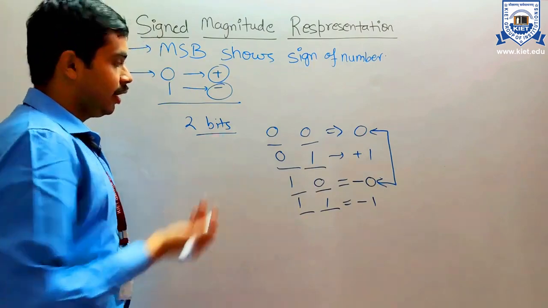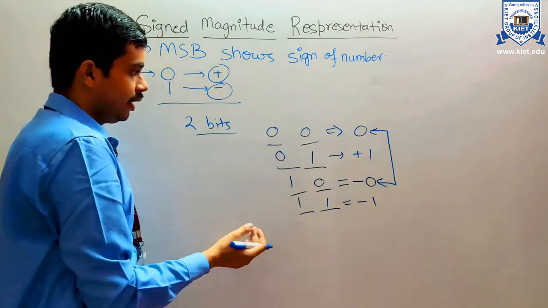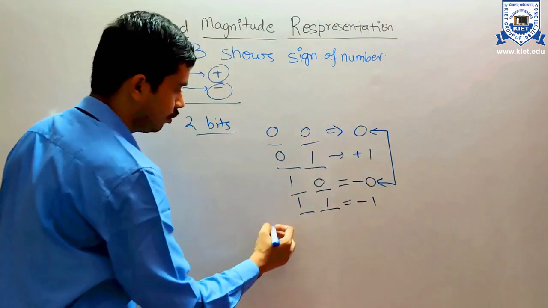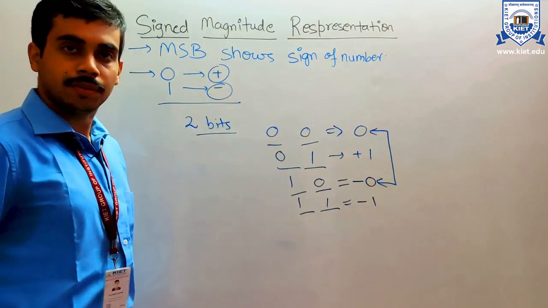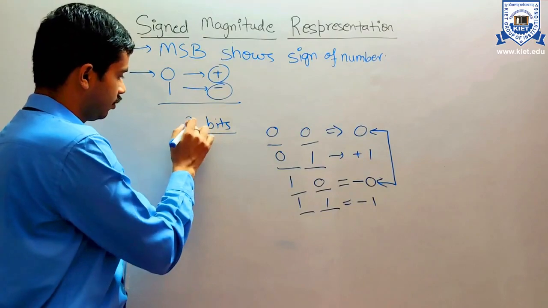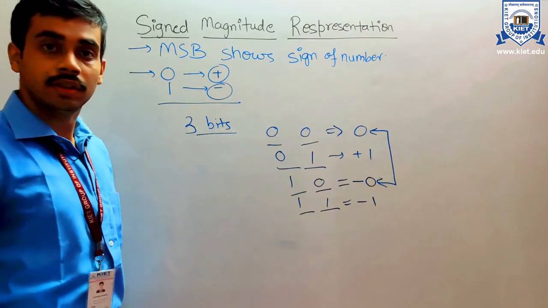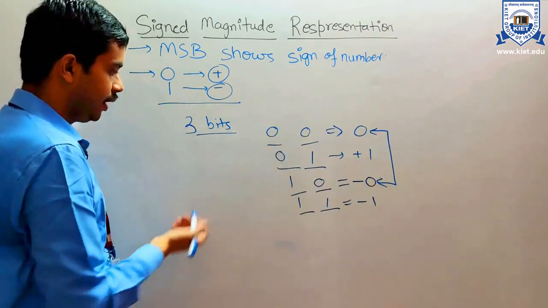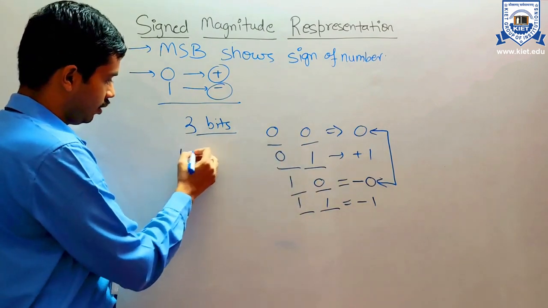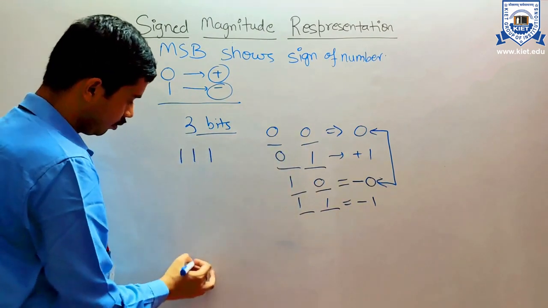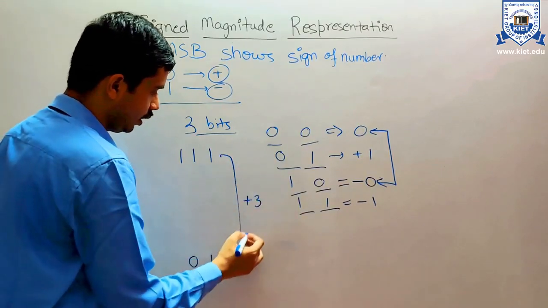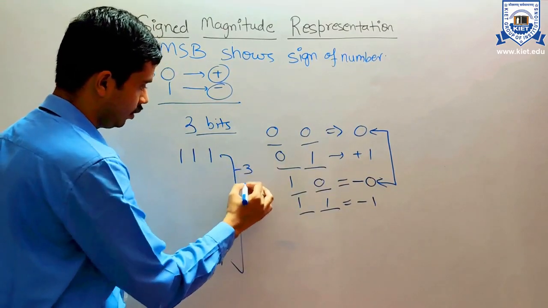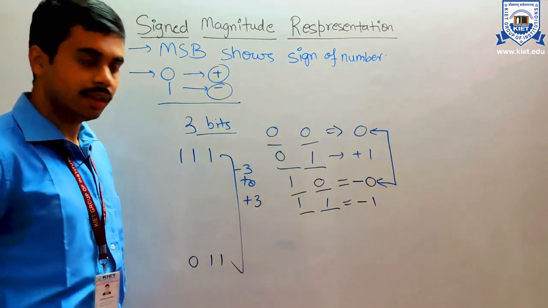Second thing is, we were telling about range. So the range for 2 bits is minus 1 to plus 1. Now suppose we have a 3 bit system, what will be the range? You can see from 111 to 011, that will be minus 3 to plus 3.